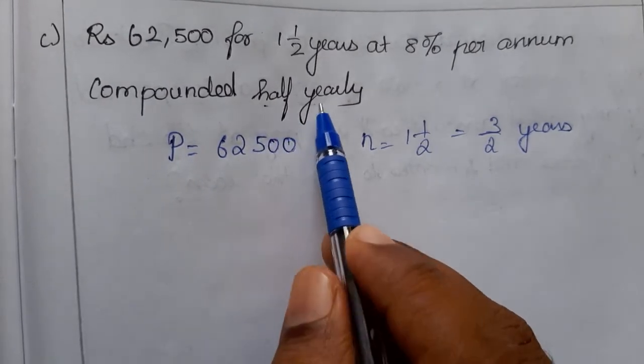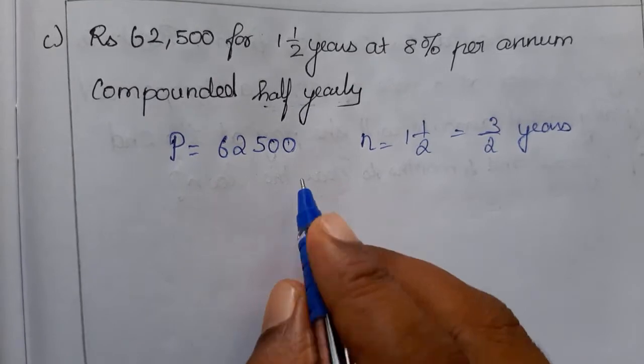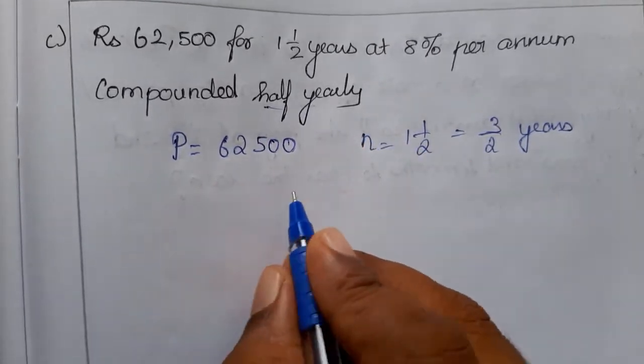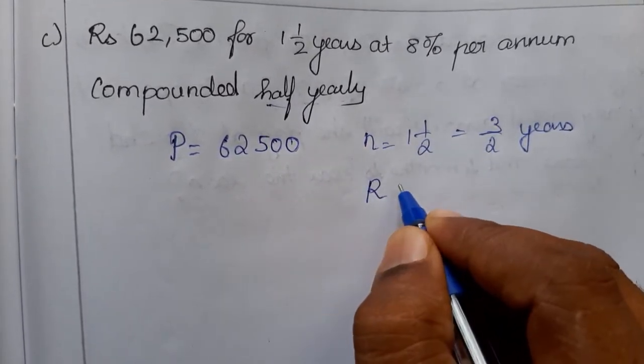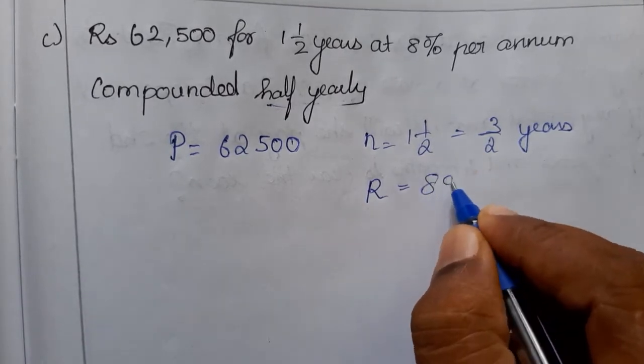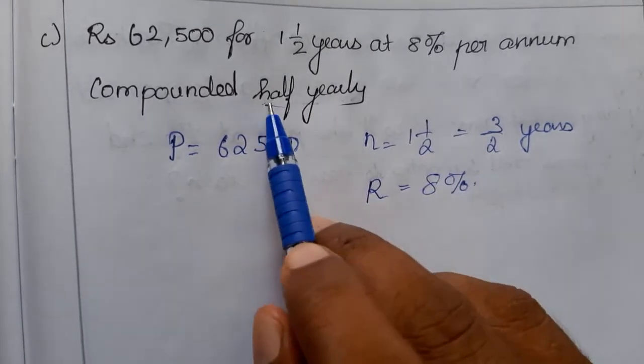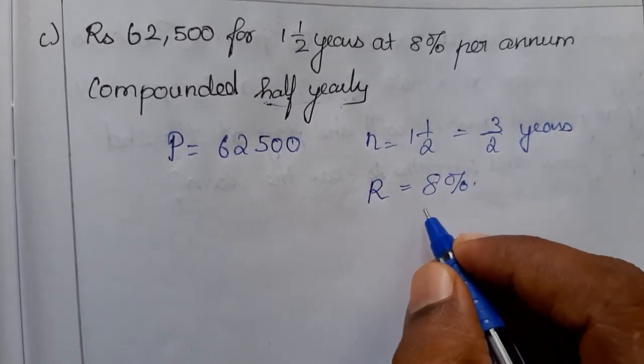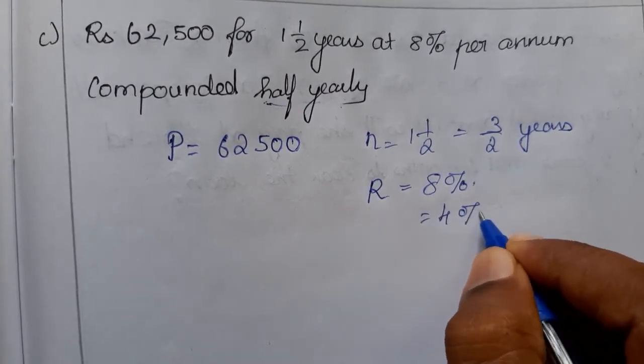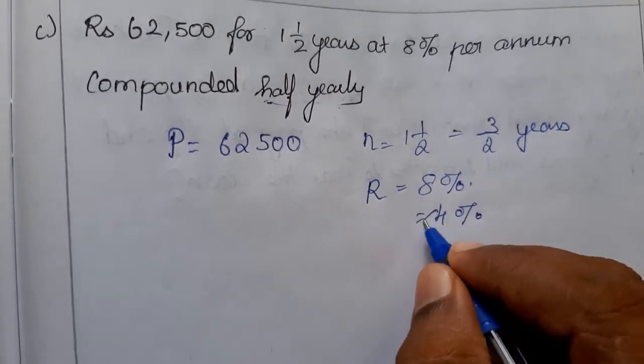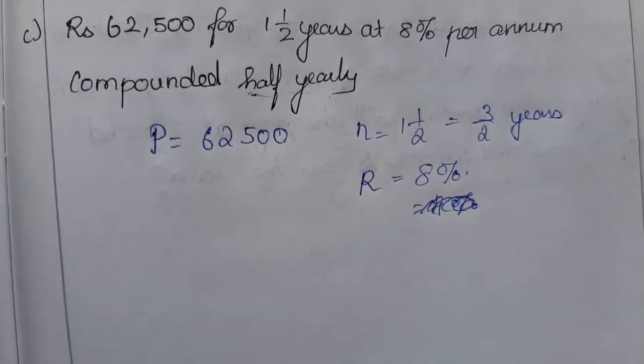And it is compounded half yearly, clear? So you have to check whether it is half yearly or annual. The rate is 8%, but compounded half yearly it will be equal to 4%, or you can substitute 8 as it is.